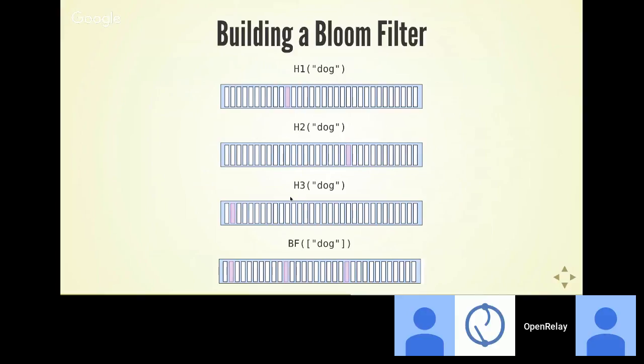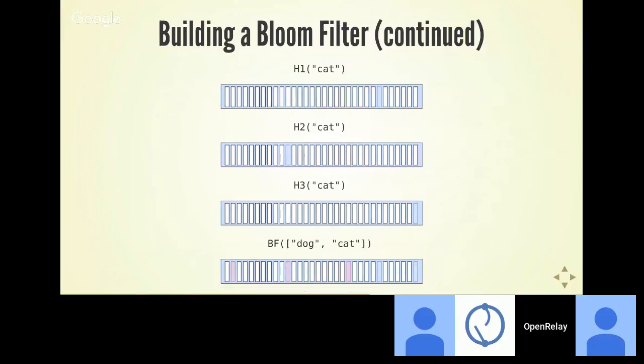And then we apply a third hashing function to the same string and find that it sets yet another bit. So the Bloom filter of the list containing only dog is going to be this bit set, that bit set, and that bit set, with the rest of the bits in our bit array all empty. So we have dog in our Bloom filter.